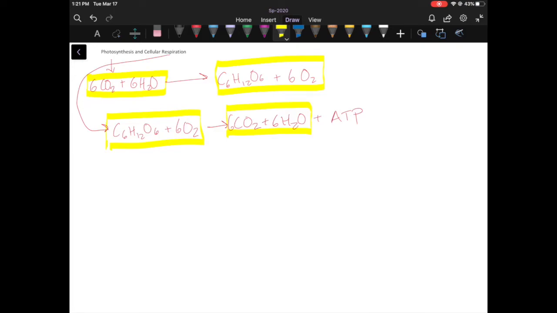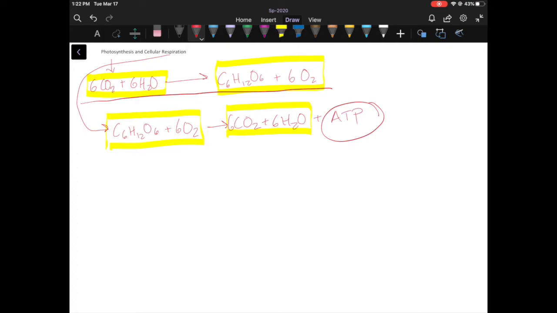So plants are autotrophs, meaning that they make their own food. And when they get the energy from the sunlight, it drives this reaction, making glucose. And then the plant breaks the glucose down to get ATP. So plants are capable of both cellular respiration and photosynthesis.